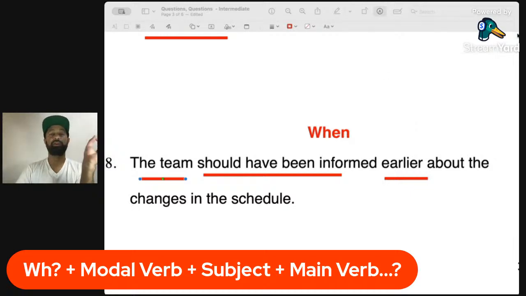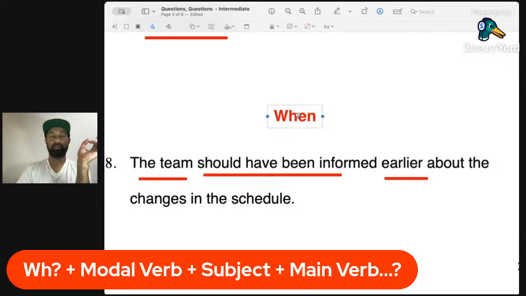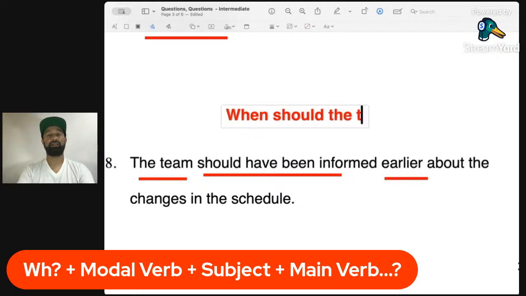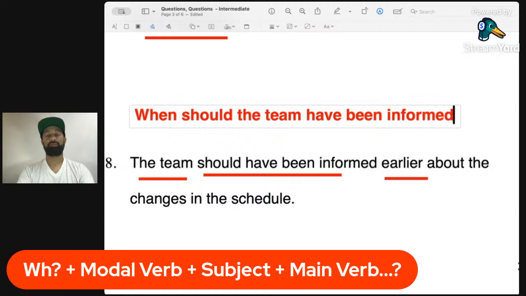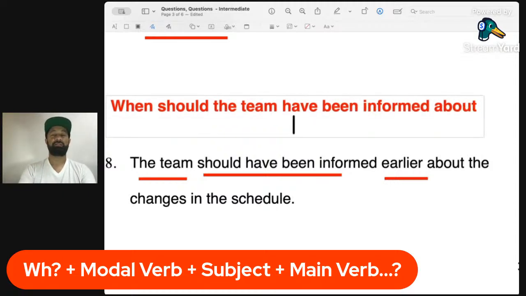So we've got when. Okay, so I know my WH. Next, modal verb is going to be should. When should, now I need my subject, the team. When should the team, now my main verbs, have been informed. And then we're going to finish off the question with the rest.